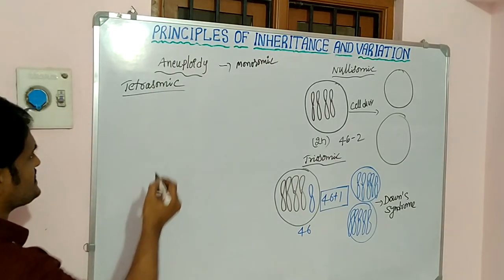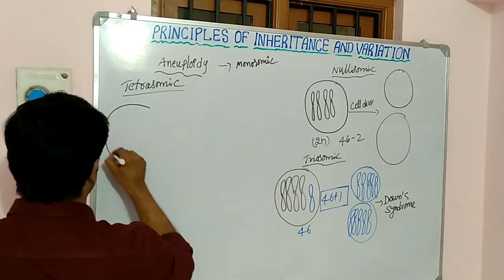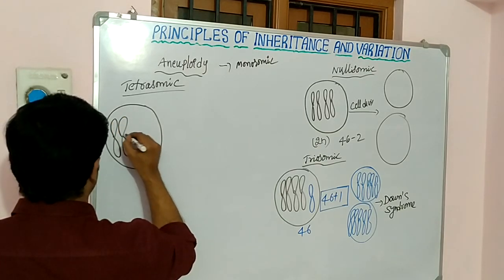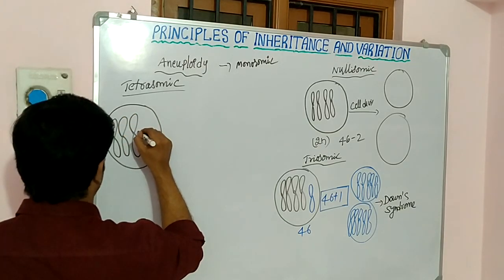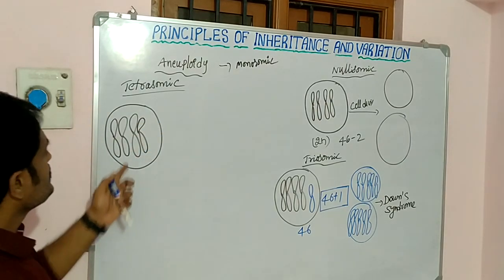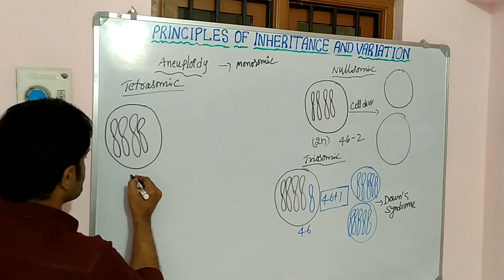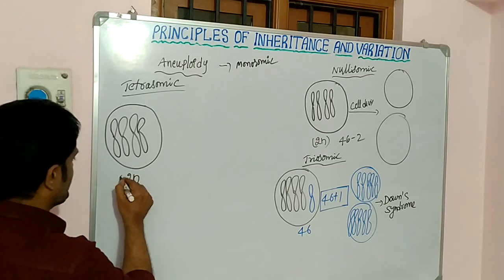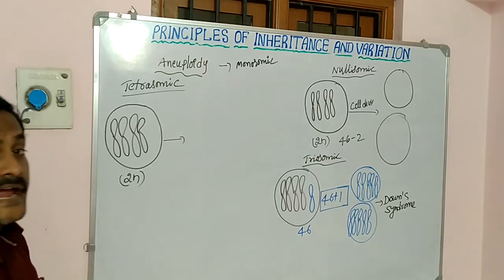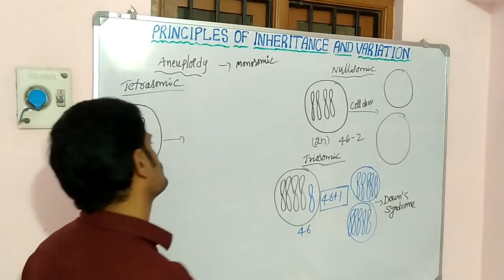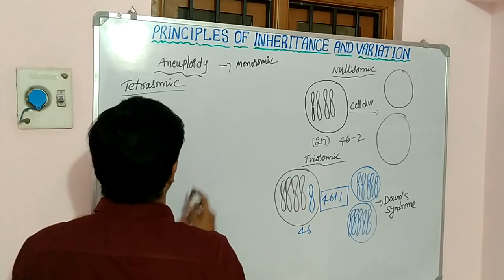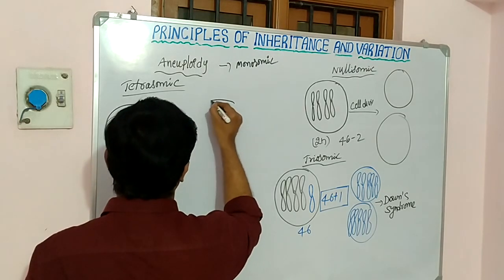See, what is tetrasomic? Again I will take the normal diploid cell. It consists of the normal chromosomes, in the 2n condition. So here what will happen is addition of two chromosomes. The normal cell is modified into the abnormal cell. How?